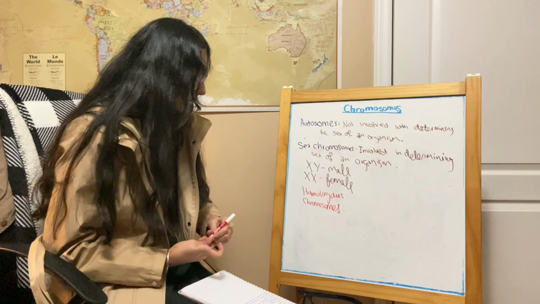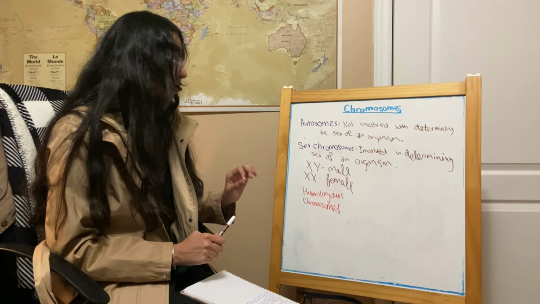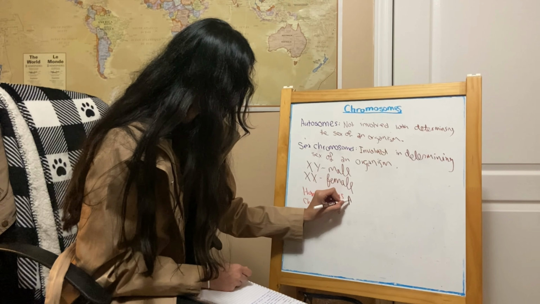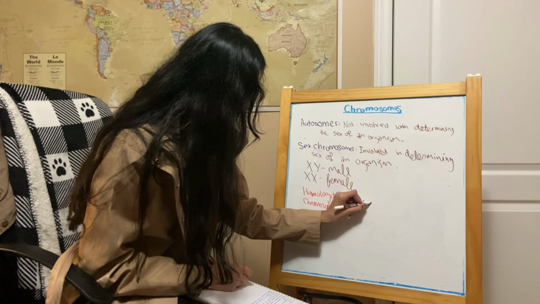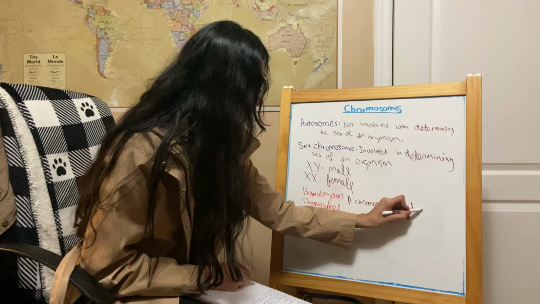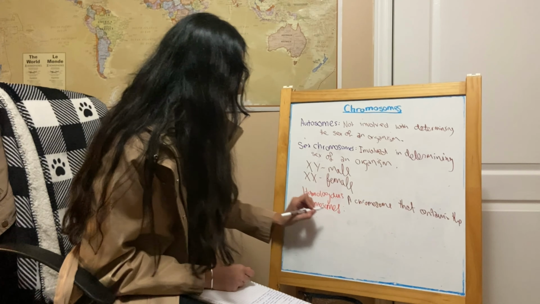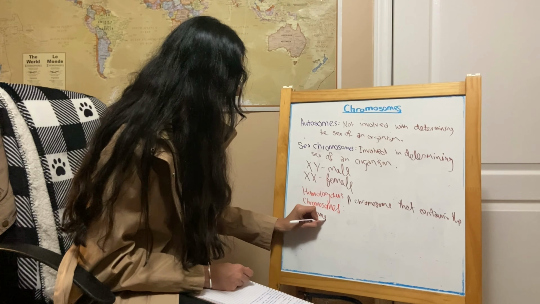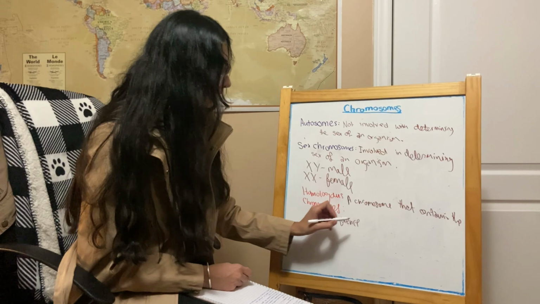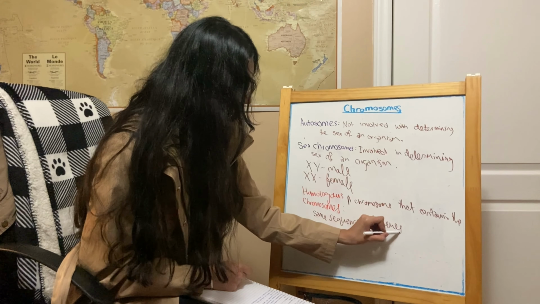So, by definition, a homologous chromosome is a chromosome that contains the same sequence of genes as on another chromosome.